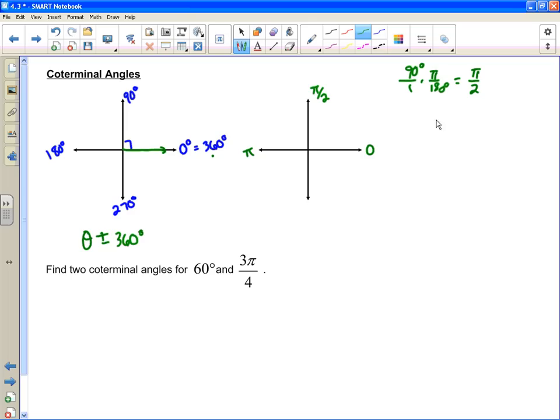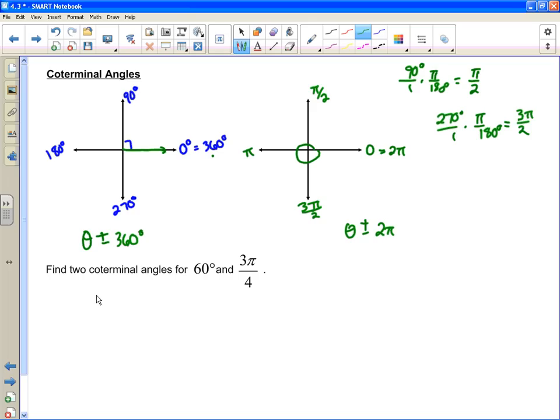And 270, if I convert that, I get 3 pi over 2. Once I get all the way around, I end up with 2 pi, because if I'm thinking about a circle going around, what's the circumference of that circle? It's 2 pi. So that's why the 2 pi is there. So for coterminal angles in radians, you would add or subtract 2 pi to get your answers.